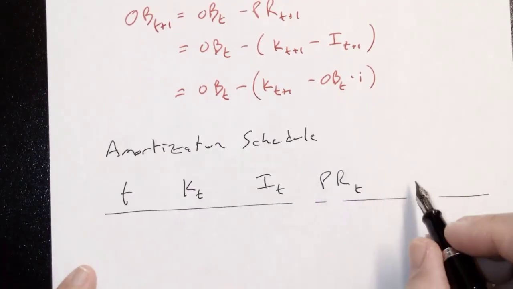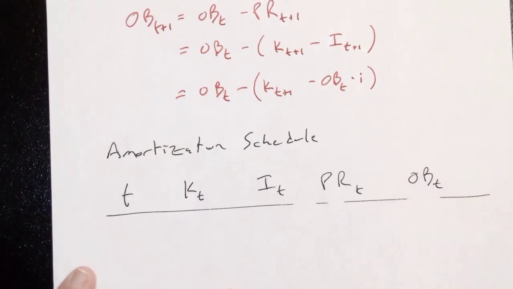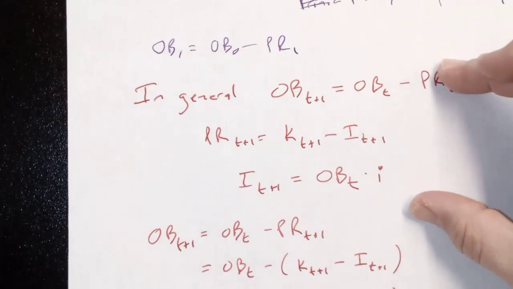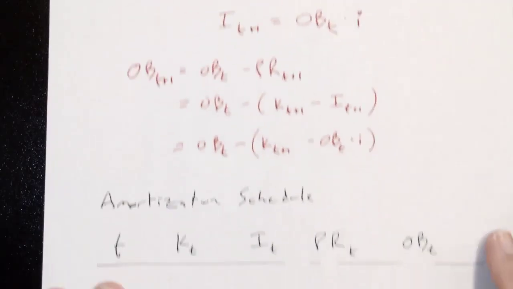And then we have the outstanding balance at that time. So these 5 columns make up the foundation for an amortization schedule every single time. And the formula we're going to use is this set right here. That's what I'm going to use every time.